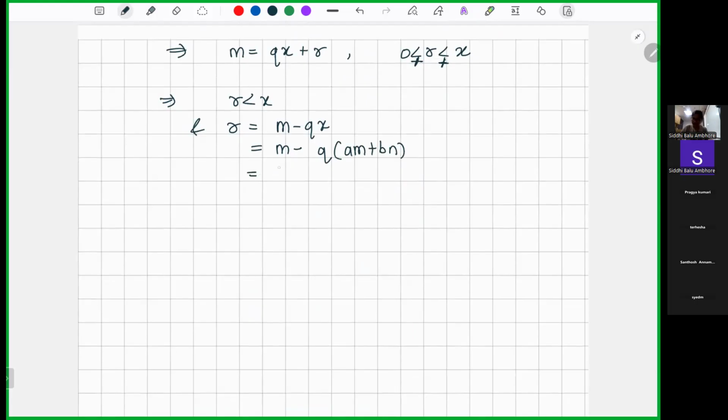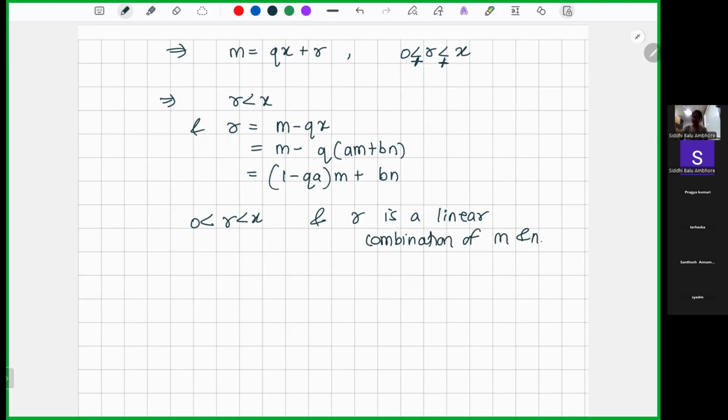So this is (1 minus qa)m plus (qb)n, and then r is less than x, which is also positive, and r is a linear combination of m and n.